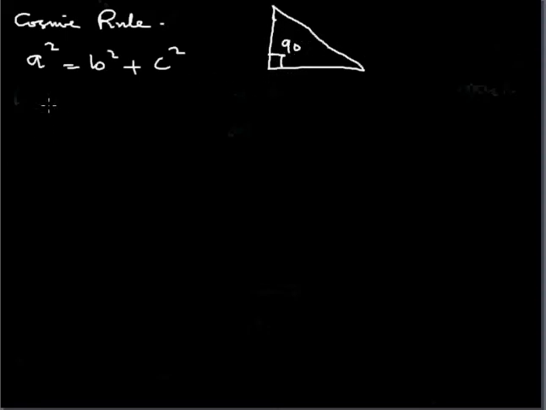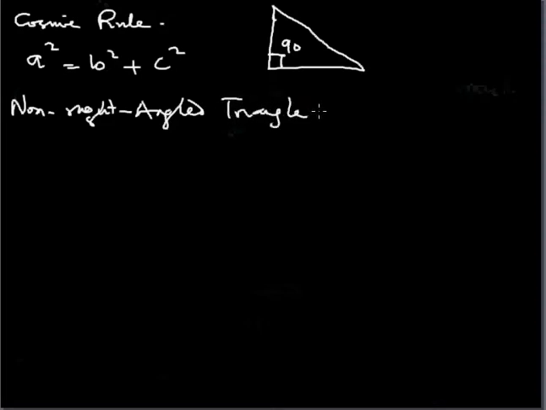But for you to have a cosine rule, it must be in a non-right angle triangle, just like the way it is in the sine rule.